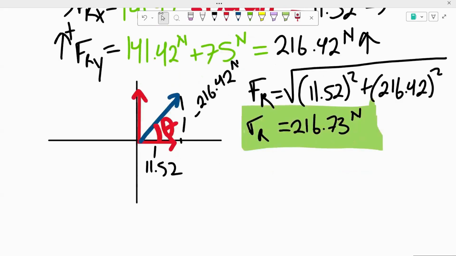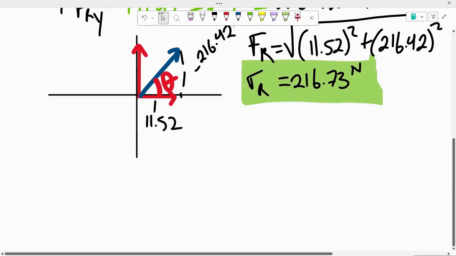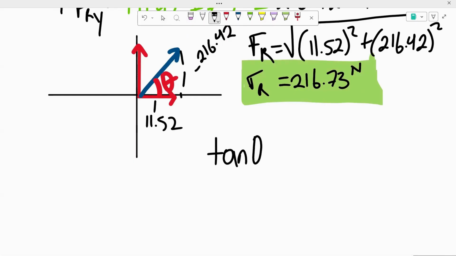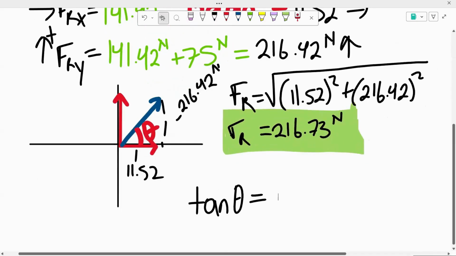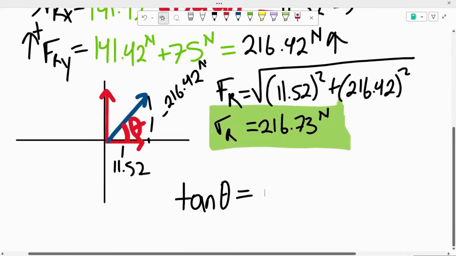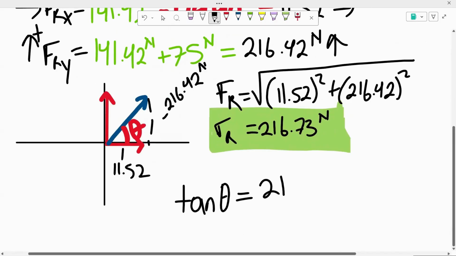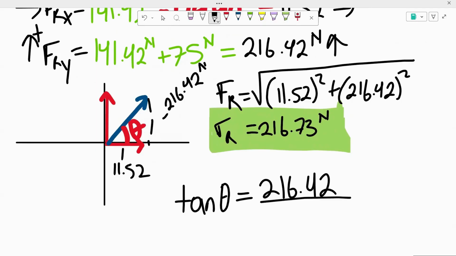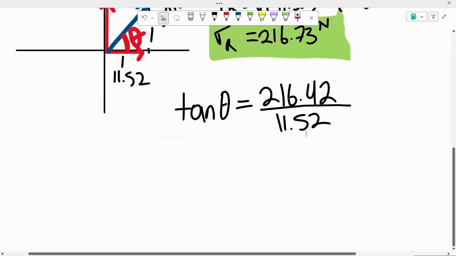We're trying to find this angle, and we know the opposite and the adjacent sides. Because of that, we're going to use tangent, since tangent is opposite over adjacent. So tangent theta is equal to opposite, which is 216.42 newtons, over adjacent, which is 11.52. From there, we solve for theta.